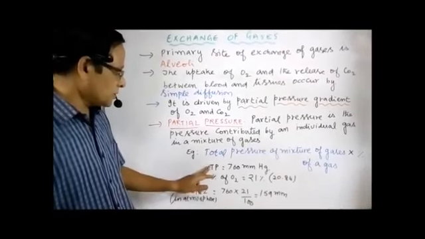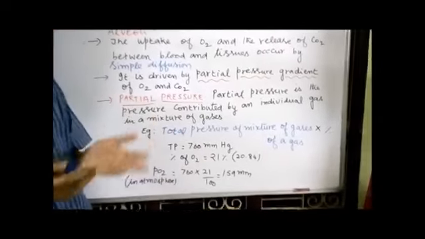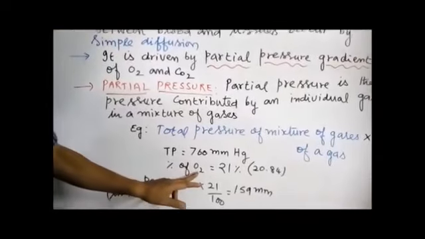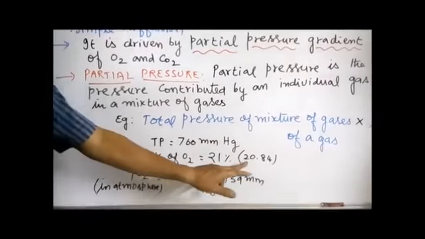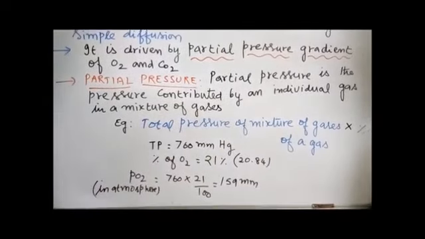The total pressure is atmospheric pressure, 760 millimeter mercury, a combination of different gases. The percentage of oxygen in the atmosphere is about 20.84, or 21% as a round figure.